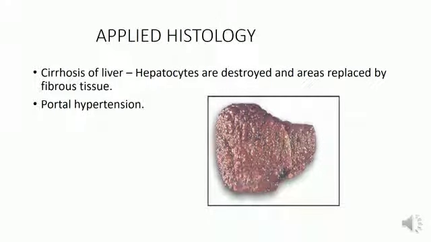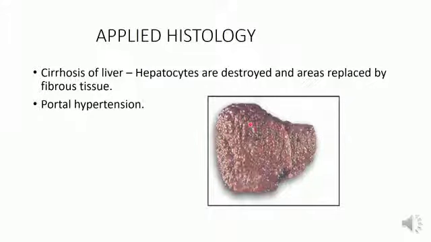Applied histology. First one is cirrhosis of the liver. Cirrhosis of the liver is a condition in which many hepatocytes are destroyed and the areas are filled with fibrous tissue. This gradually leads to collapse of the normal architecture of the liver. One of the effects of cirrhosis is to disturb the flow of blood through the liver sinusoids.